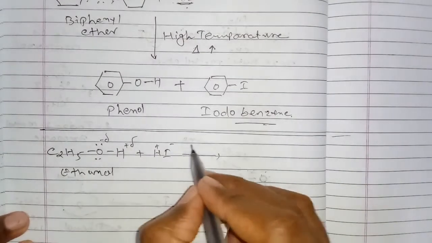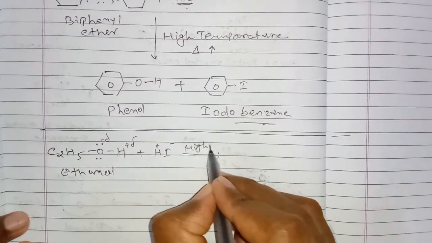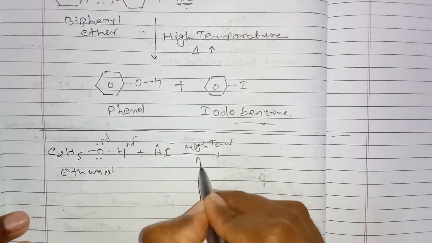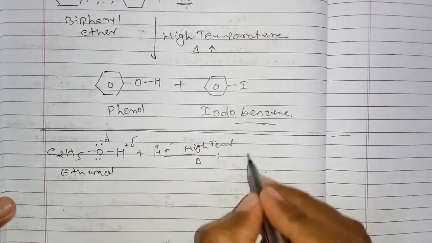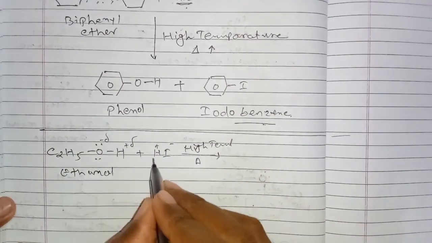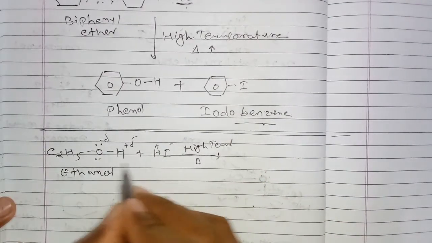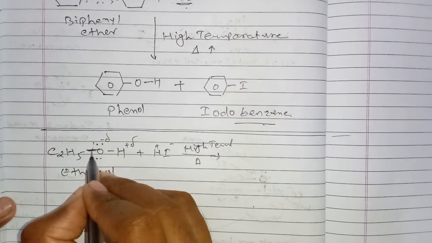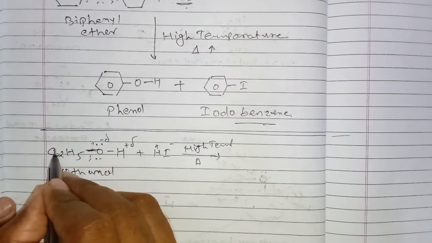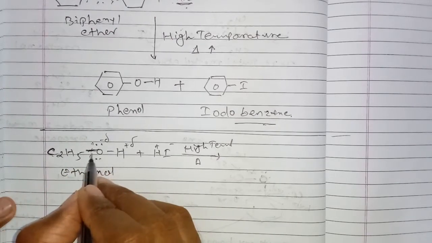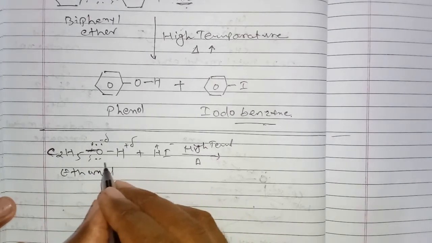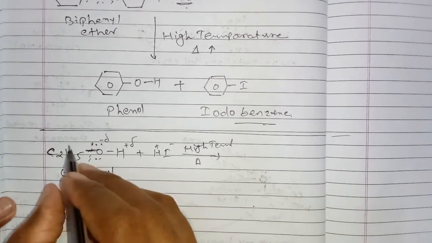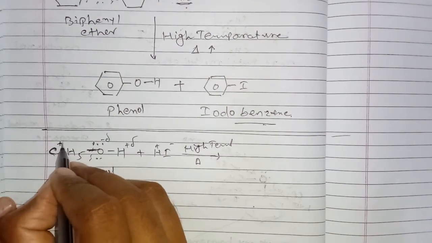So at higher temperature, the bond between carbon and oxygen will cleave or break, and it forms a positive charge.